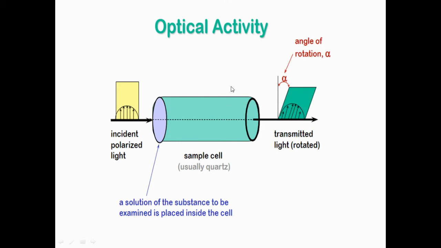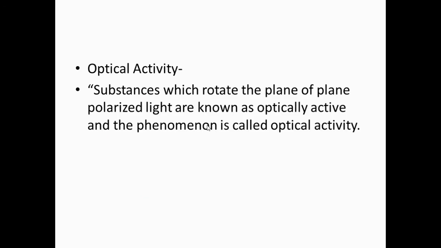What is the reason for the change in the plane of the plane polarized light? We just pass this light through the solution. This solution has a property to change the plane of plane polarized light, either towards the left or towards the right. This is known as optical activity.